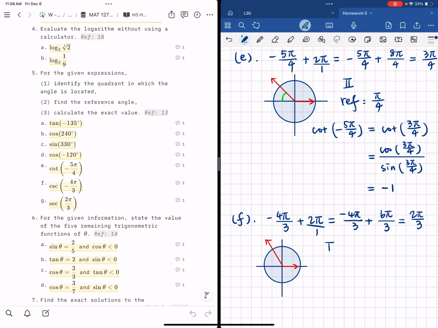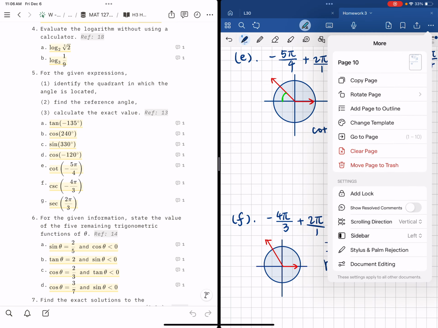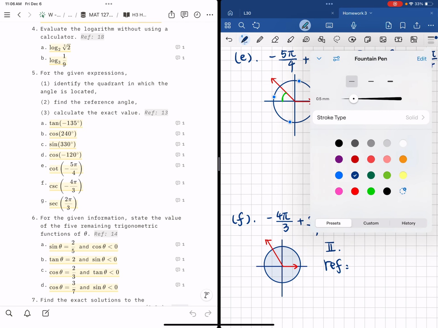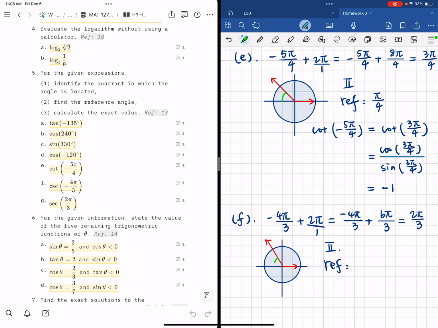So it's in the second quadrant, and the reference angle is this one right here. Since it's 120, it's 60 degrees to 180. So that's the reference angle, or equivalent to pi over 3. I'm going to use radians just because everything else is in radians in this part.